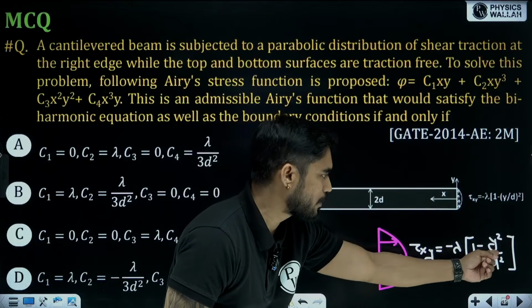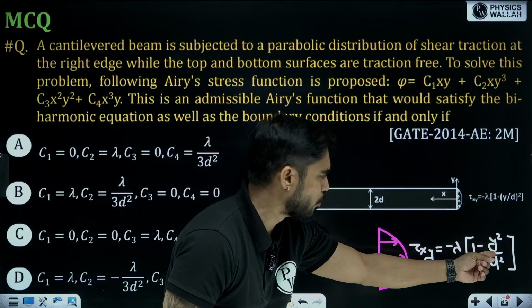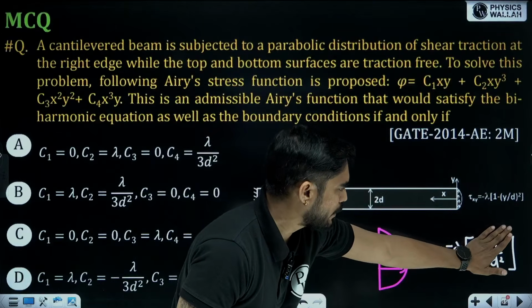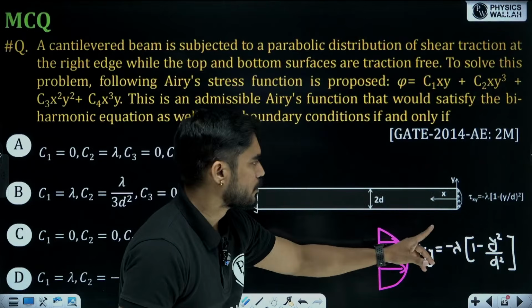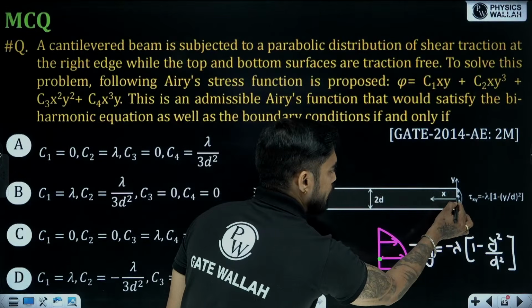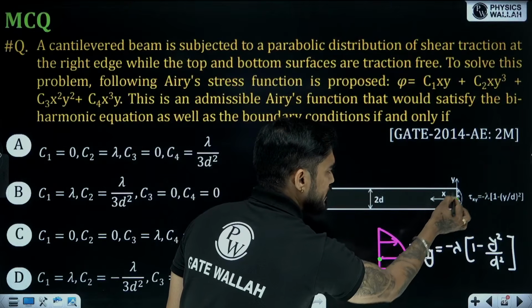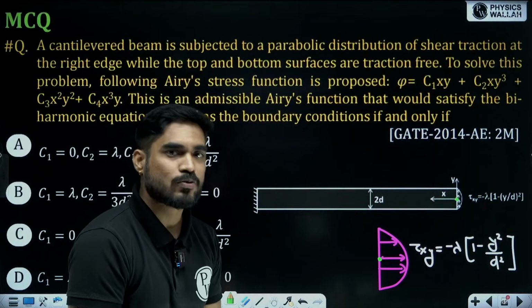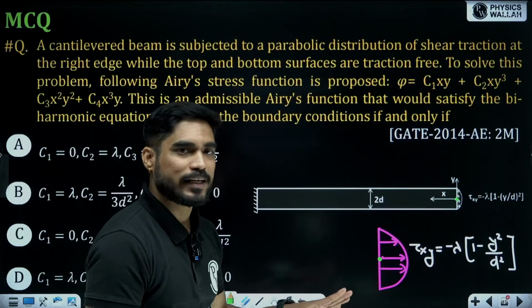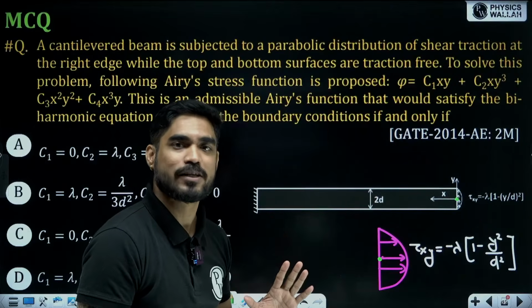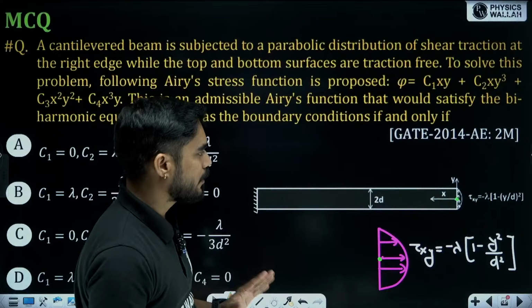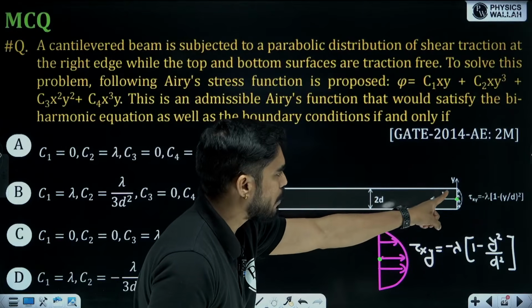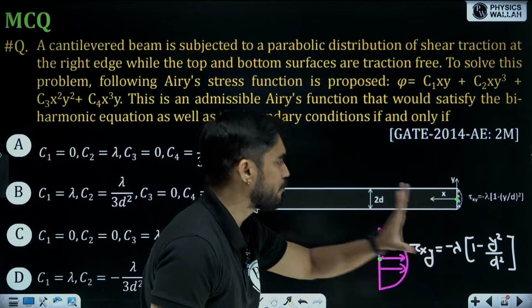From this equation you can see whatever value of y you put, this can become 1 at most, at y equal to 0. So you are getting the maximum value of tau xy here where x is 0, y is 0. Why am I using this? Because in this boundary condition both x and y will become 0. So this will be the easiest boundary condition, that's why I am putting it. So at x equal to 0, y equal to 0, tau xy will be minus lambda.